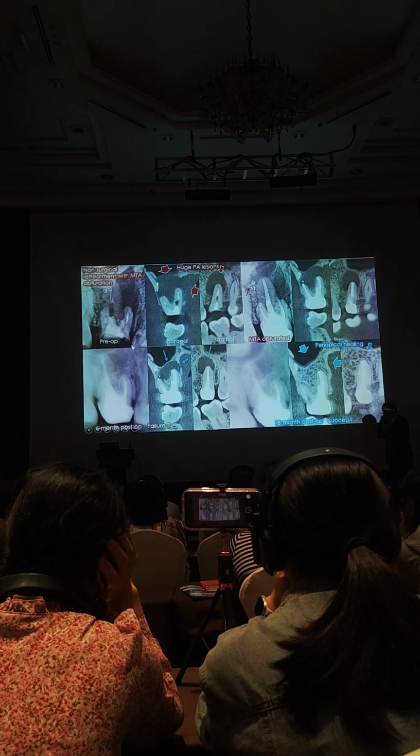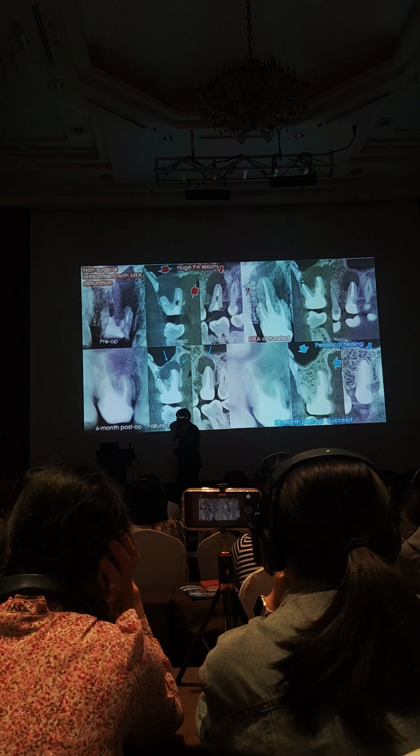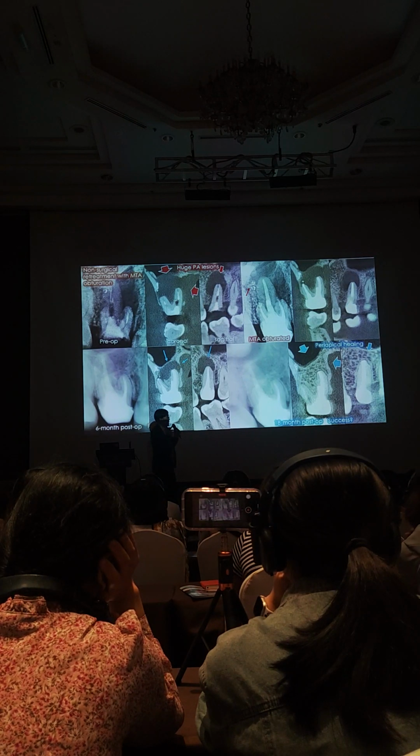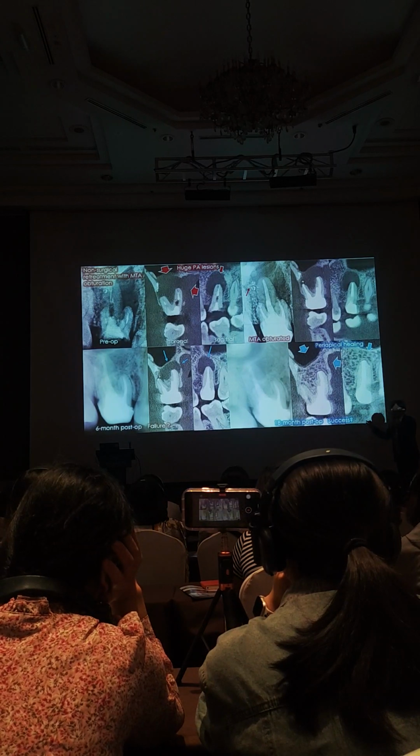So you have to wait for some months or sometimes 1 year, more than 1 year, until you see the healing. I had a good discussion with the patient before I initiated the retreatment. So the patient agreed on my proposal, on my treatment planning. The patient was okay just waiting for more than 1 year without the coronal restoration.